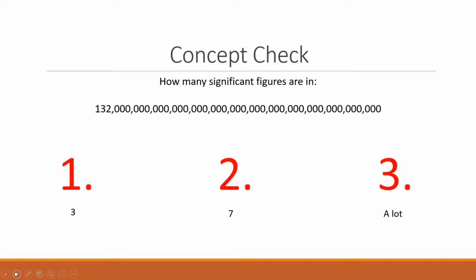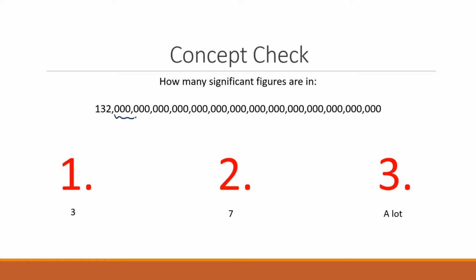All right, last practice problem here. How many significant figures are in this number? If I take a look at this number, I see that there are a lot of digits here, right?